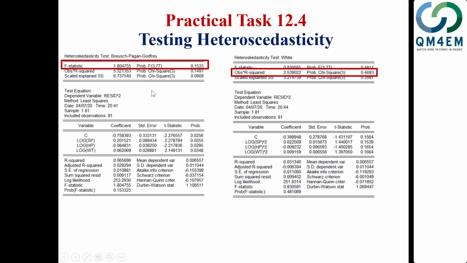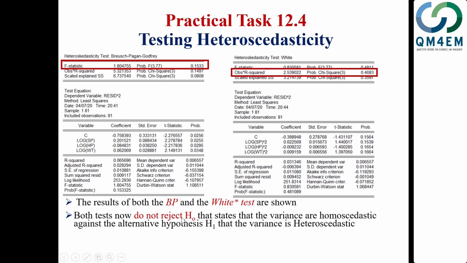If you look here, the White test has an F statistic of 0.1533, and the n times R square with chi-square distribution has probability 0.4683. What does it indicate? It indicates that now we cannot reject H naught, because the probability value is greater than 0.05.